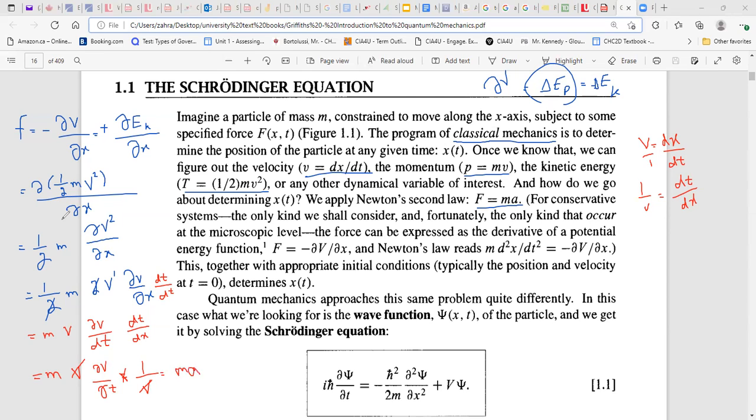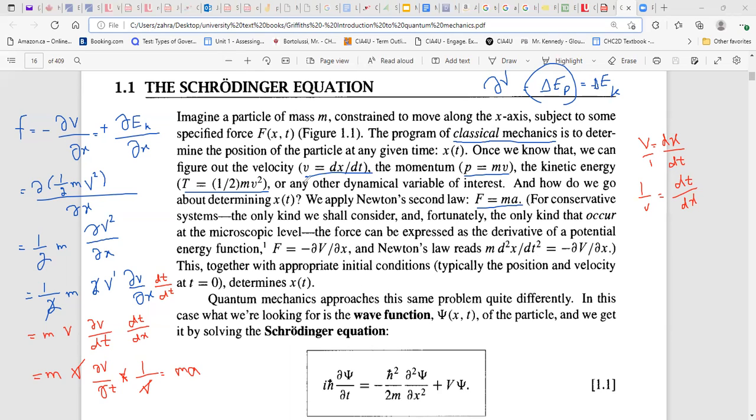See, I proved that force is equal to ma, so this equation is right. Force is a negative derivative of the potential with respect to position. Here instead of the force, we have ma, where a is the second derivative of x with respect to time, equal to negative derivative of the potential with respect to position.